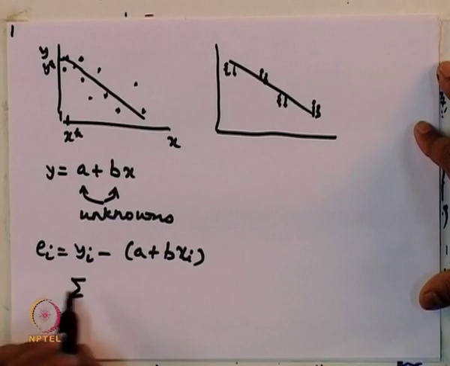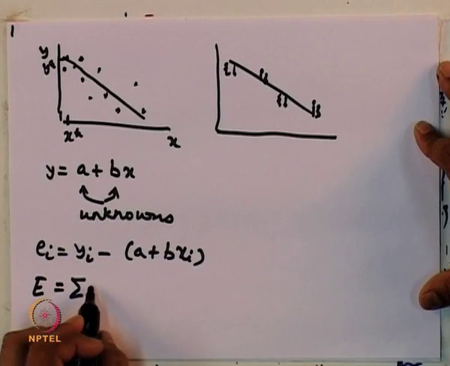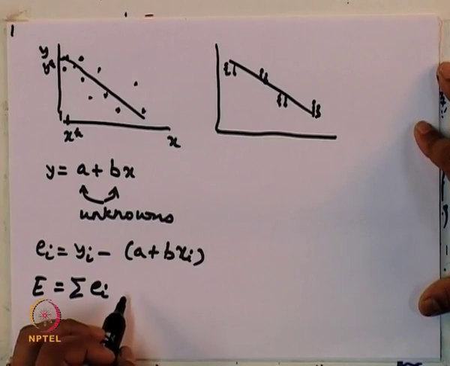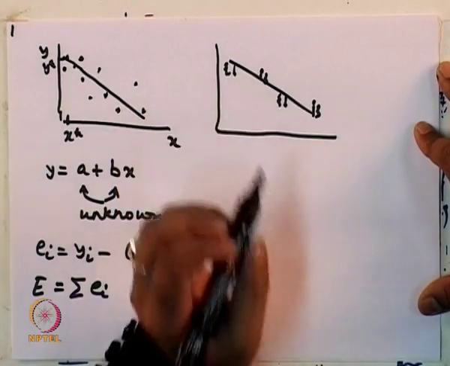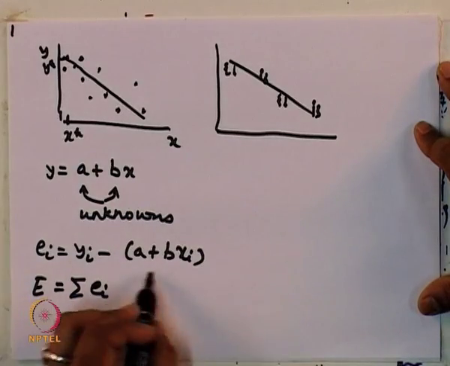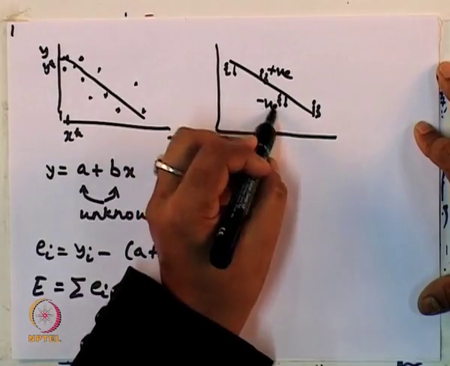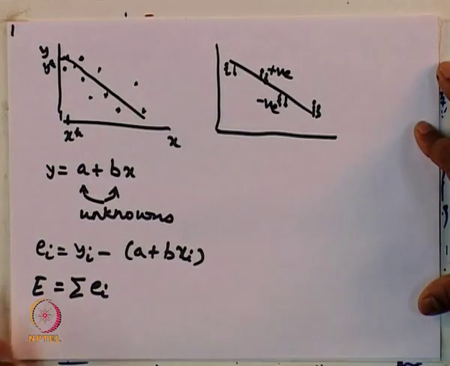Now, if you simply take total E as the summation of ei, this will underestimate the true error, because some errors are positive, when y is greater than a plus bxi, and some are negative. These will cancel each other, hence this is not the approach to take.